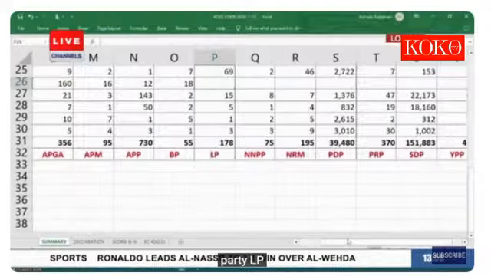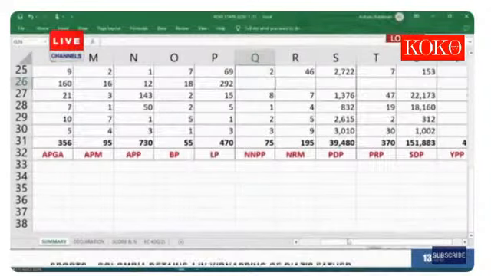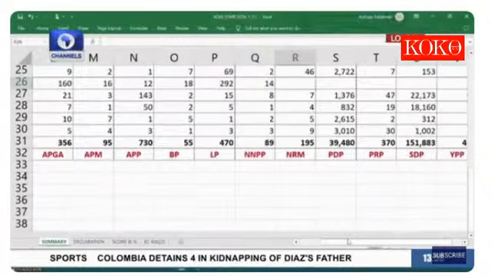Party LP 292. Party NNPP 14. Party NRM 2.